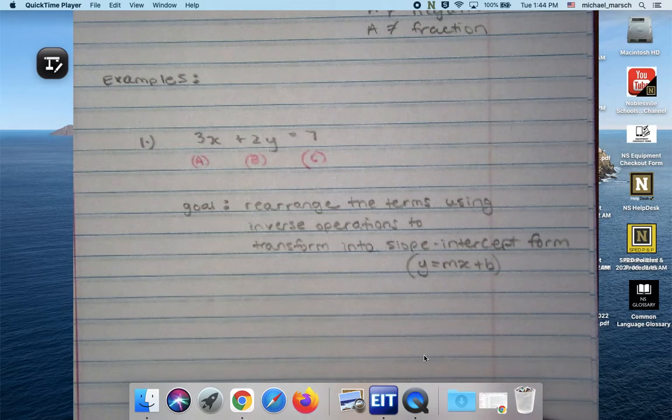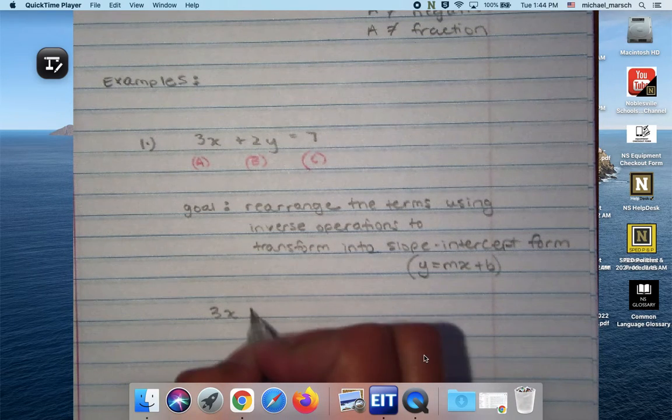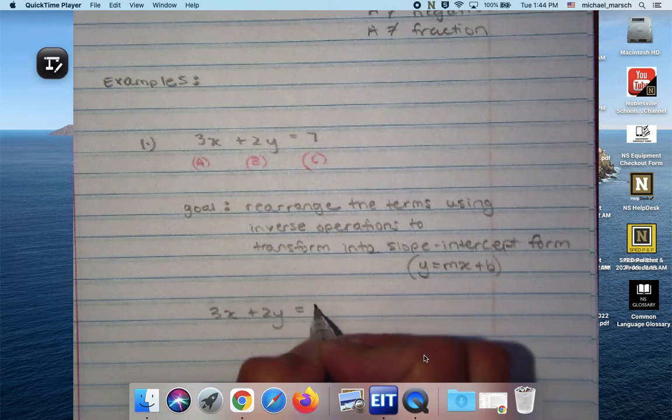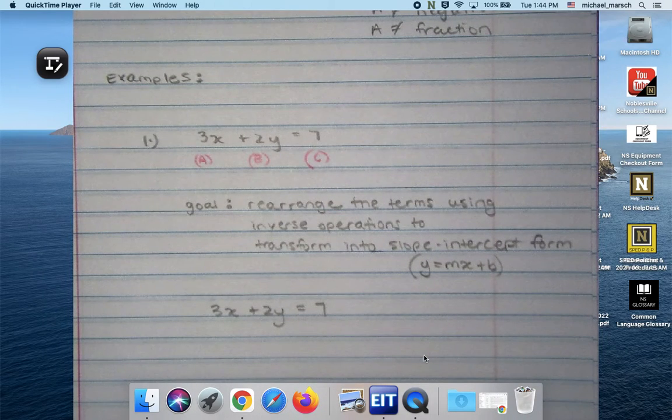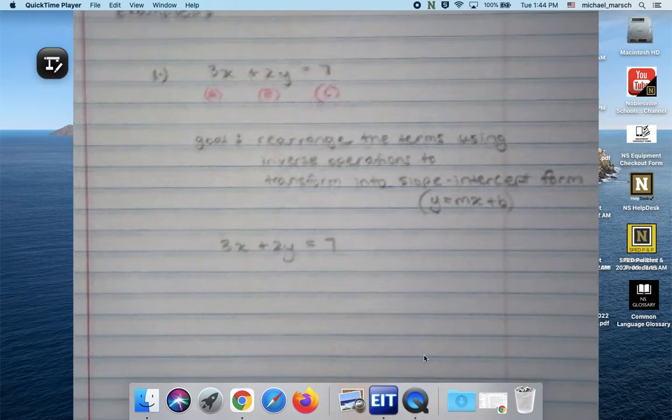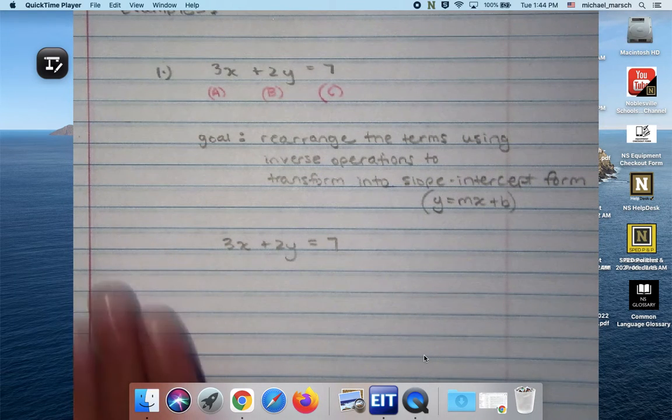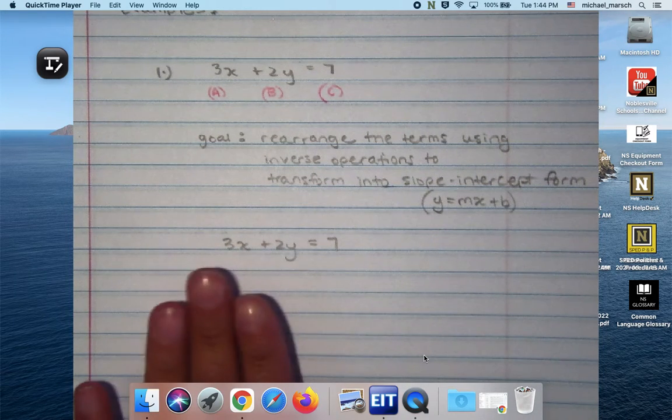Okay, so we're going to take this 3x plus 2y equals 7, and we're just going to use our inverse operations to shift things around to where we want them to go so that it's in slope-intercept form. The first thing I need to do is get that x on the other side. So what am I going to do to move the 3x?